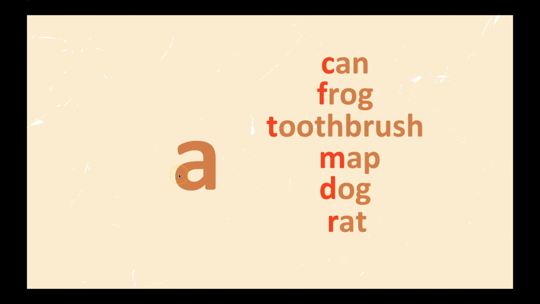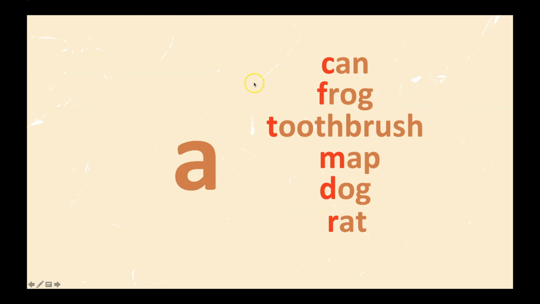So we use a with any word that begins with a consonant, such as C, a can, or F, a frog, or T, a toothbrush. Here we have toothbrush, or M, a map, or D, a dog, or R, a rat.